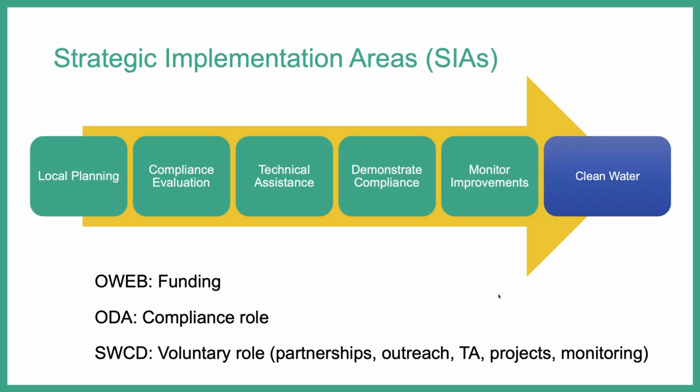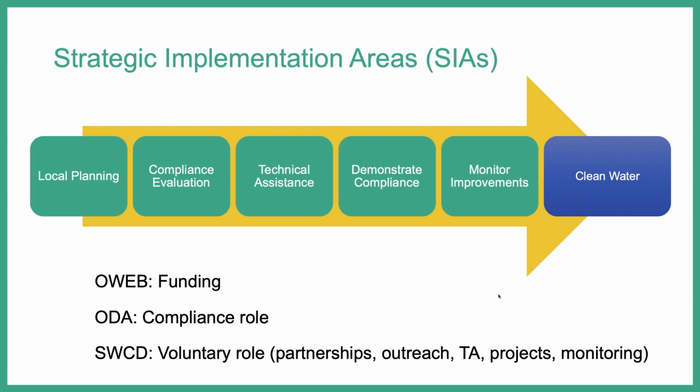So here's a little more on strategic implementation areas. They're funded through OWEB, like I mentioned, and so there's really 3 big partners involved in these. And there's a lot of planning up front, working with local partners to figure out where to draw the line around the SIA, and soil and water conservation districts are extremely involved in this.